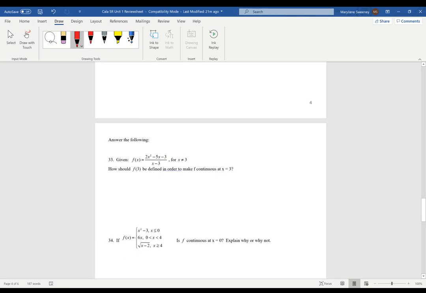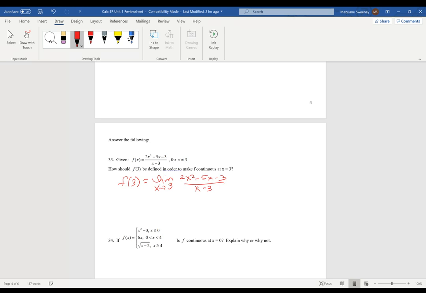33. Given this, how should f of 3 be defined in order to make f continuous at 3? Well, f of 3 would have to equal the limit as x approaches 3 of 2x squared minus 5x minus 3 over x minus 3.